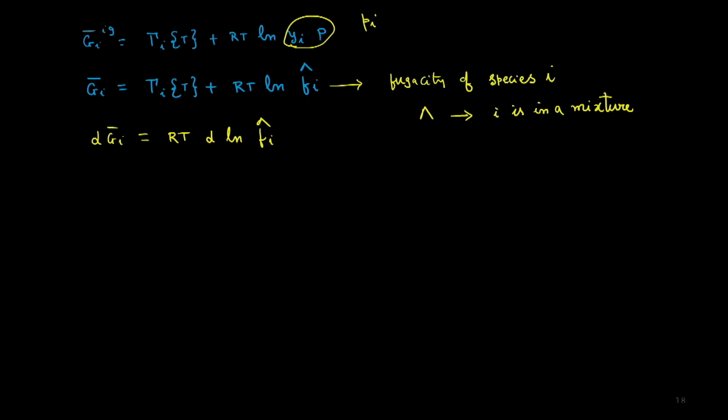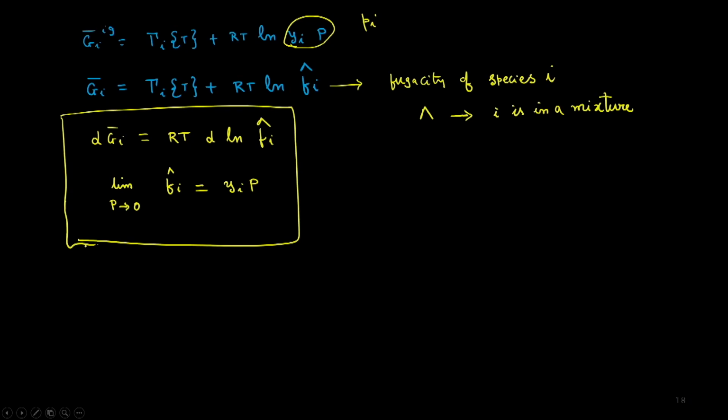In addition to this, because we also need to define a boundary condition, if you will, we'll say that in the limit of P going to 0, fi hat will be equal to yiP. These two equations together define what we call the fugacity of species i.